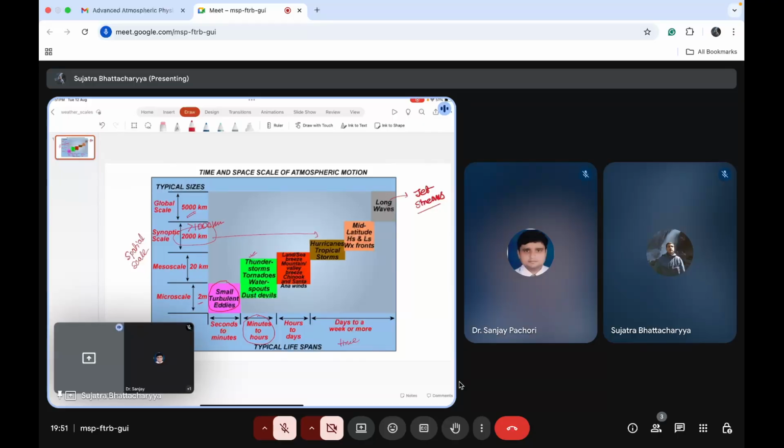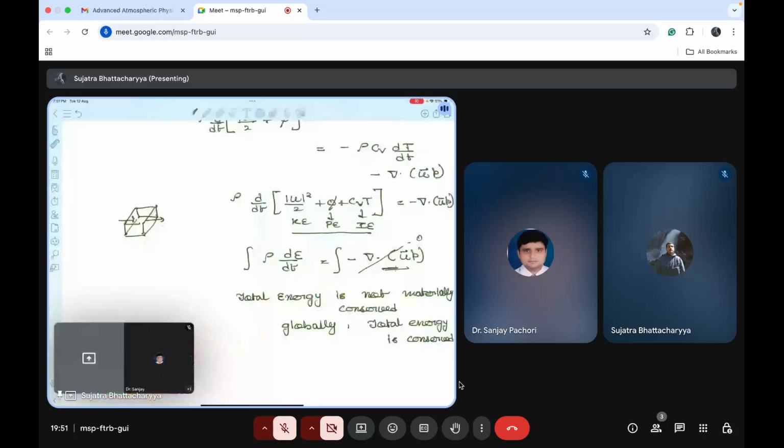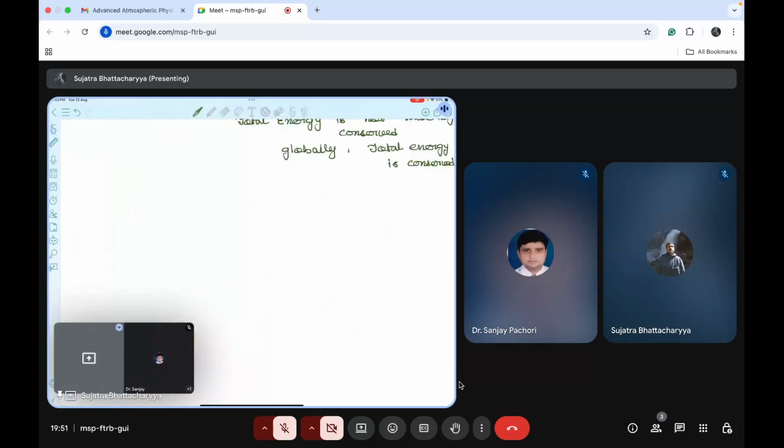We will generally see for the synoptic scale that is of this order, and for the mid-latitude region. Mid-latitude means typically from 35 or 40 degrees to 65 degrees in that zone. Okay, so let's go here and try to write the scale analysis.